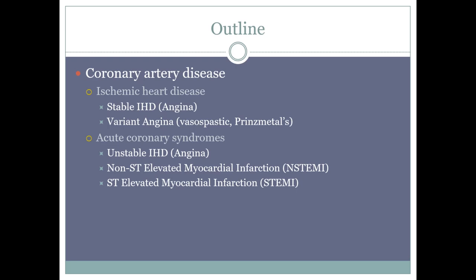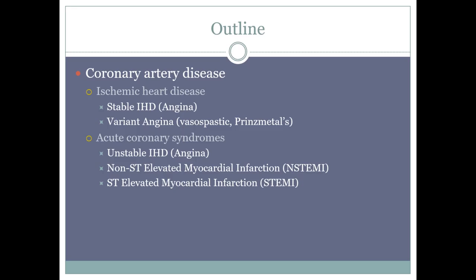We can also get angina through what we call variant angina, or Prinzmetal's disease. This one has nothing to do with atherosclerosis per se, but it is an inadvertent vasospasm of the coronary arteries such that it severely decreases blood flow. It doesn't really have much intervention in the way of getting rid of or treating plaque.